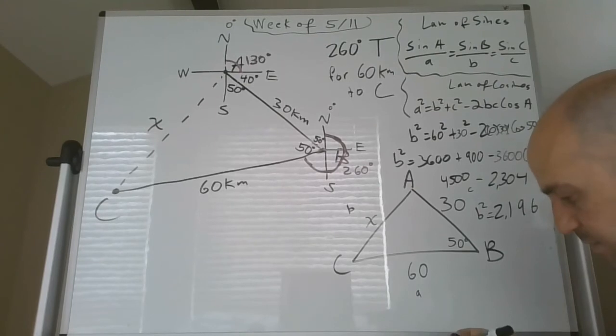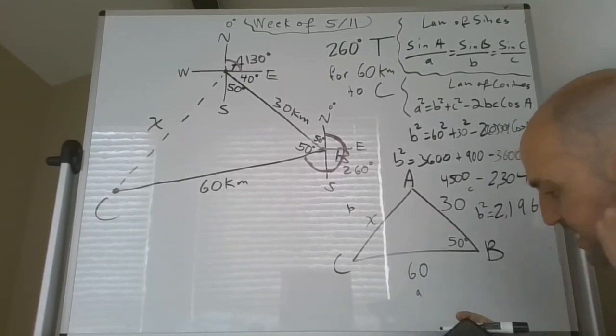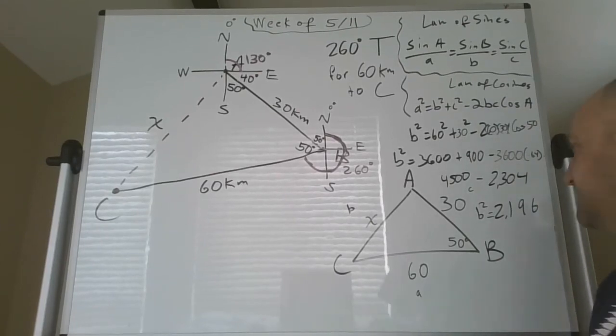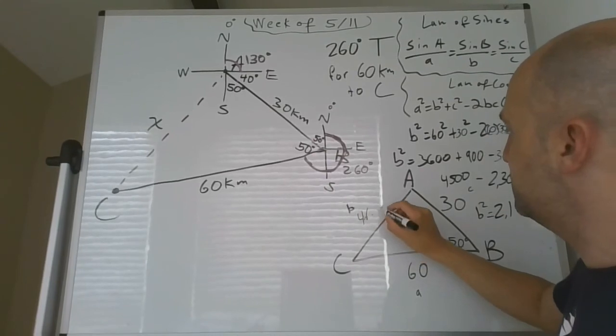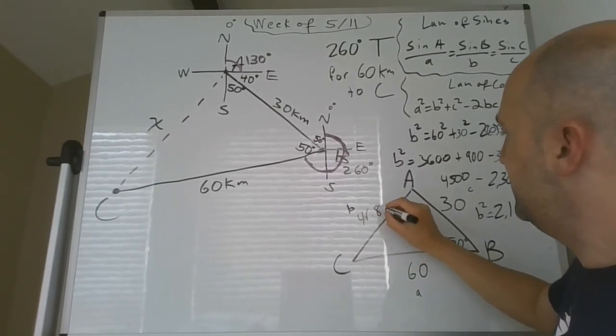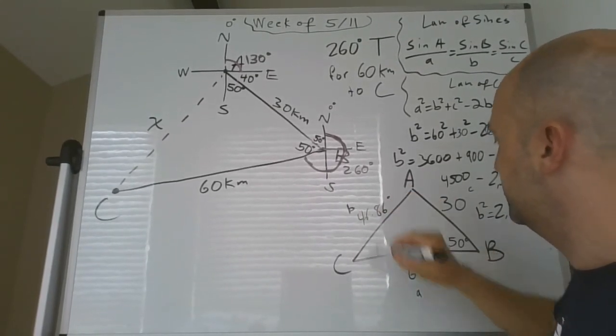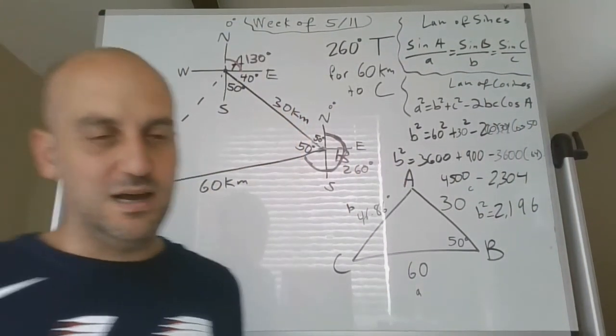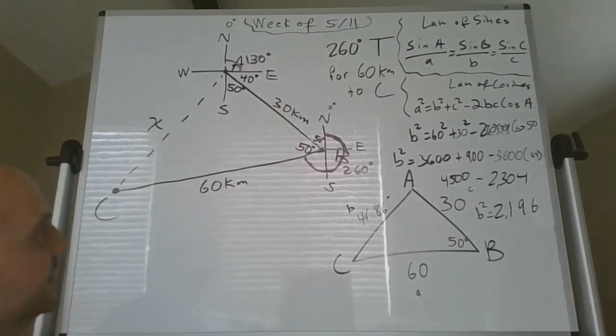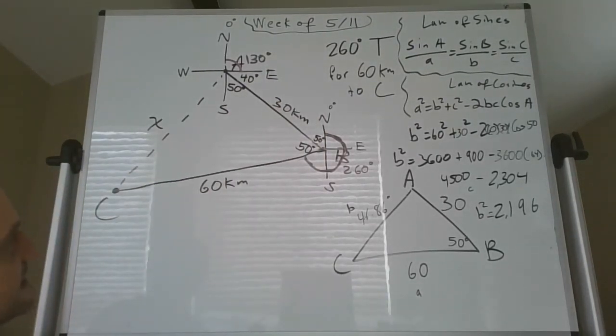Square root of 2,196 is 46.86. So we just got this. It's approximately 46.86 degrees. Whew! I know that was a lot, but we got it. We did it. We got 46.86 degrees.